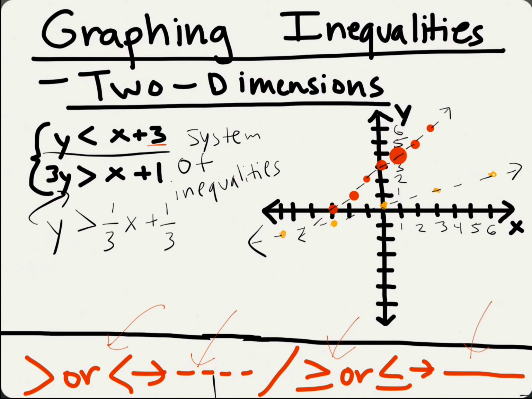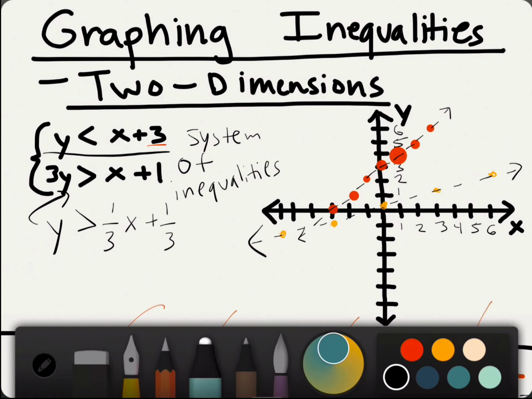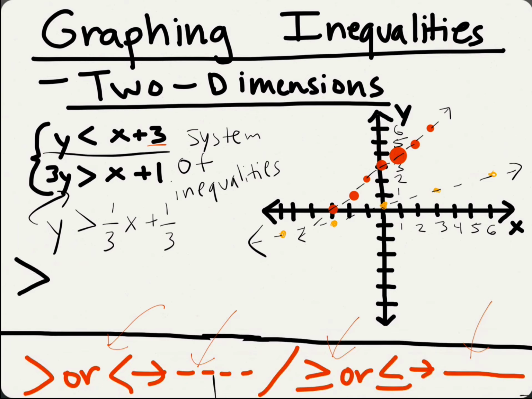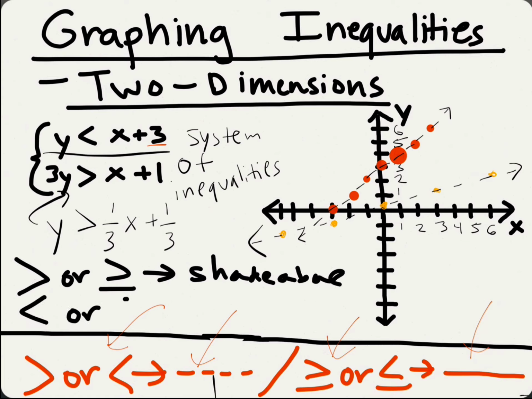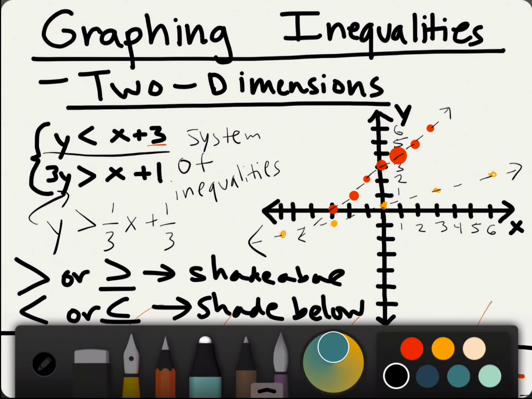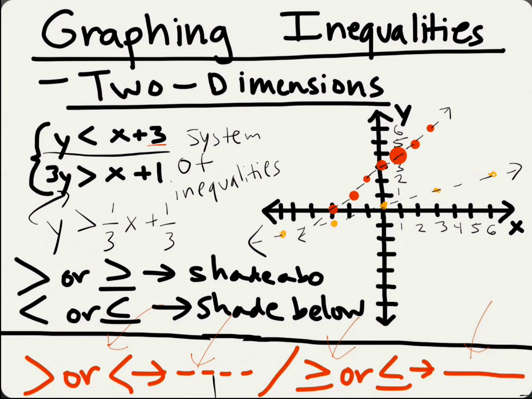So whenever there is a greater than or greater than or equal to sign, shade above, and whenever it's less than or less than or equal to, shade below. Let me just make sure you guys can read that. Above. There we go.